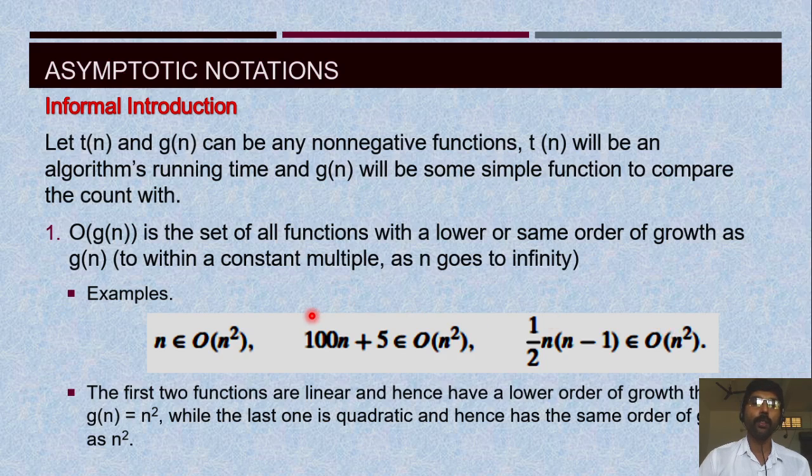You may ask, sir, why am I not considering constant values like 100, 5 or half? I will give a small example.